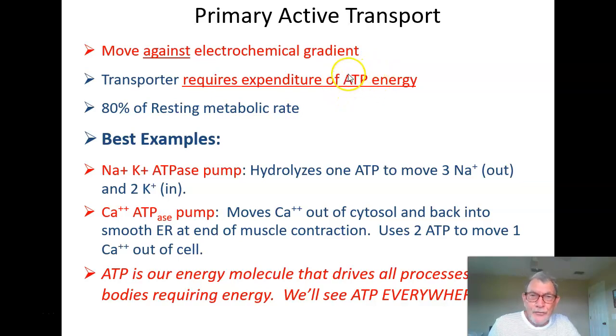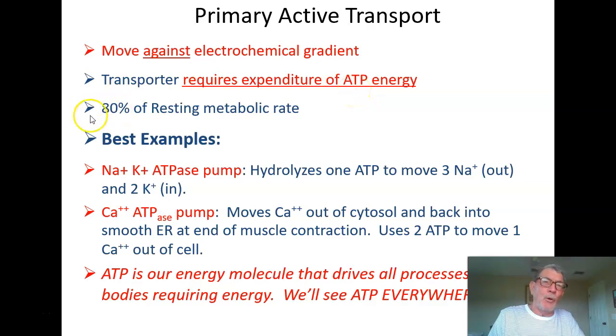It's an adenosine with 3 phosphates stuck onto it, and that last phosphate has a high energy bond, and when you break that bond, you get a poof of energy that gives you enough power to do something, like move a molecule in a direction it doesn't want to go, or cause a muscle to contract. So we use ATP energy to run these active transporters.